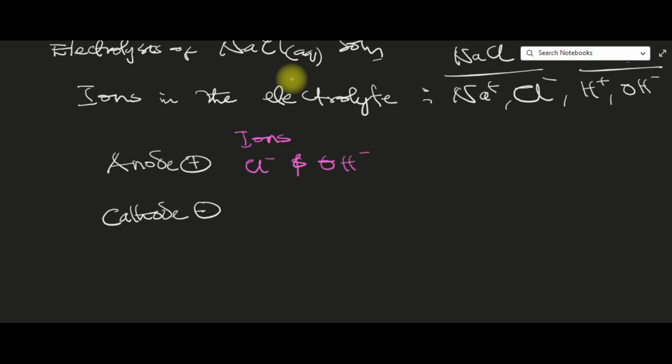The ions that will migrate to the cathode are Na+ and H+. But only one of the 2 ions here will be discharged, and only one of the 2 ions here will be discharged.